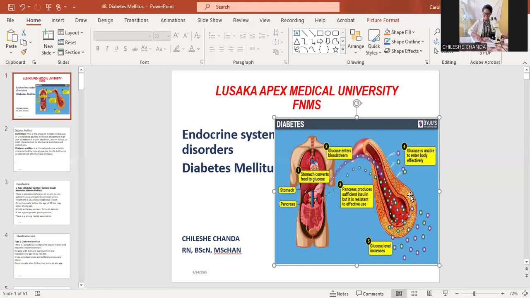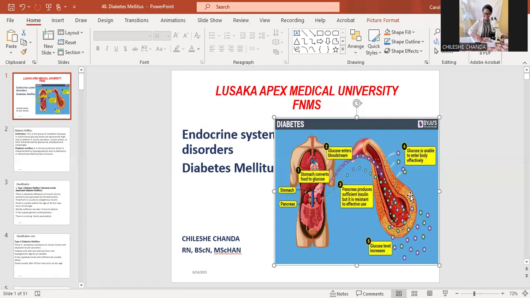The function of insulin is that it is the one that allows for the uptake of whatever nutrients have been taken up by someone in their meals. So once an individual eats their meals, the meals are digested and absorbed into the bloodstream, and then insulin is released.